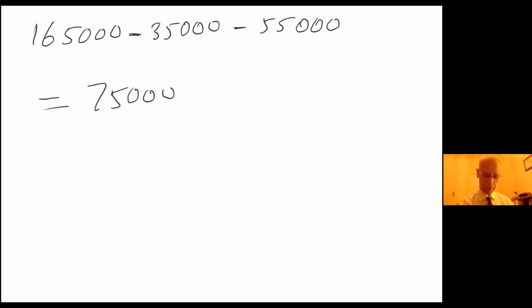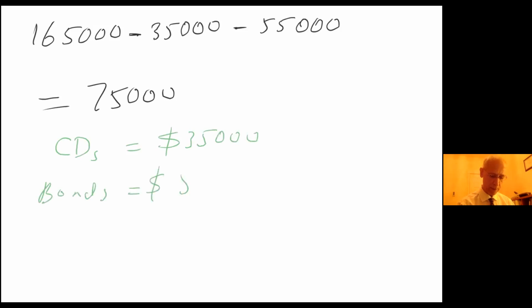So the final answer is that the amount for CDs was $35,000, the amount for bonds was $55,000, and for stocks, $75,000.